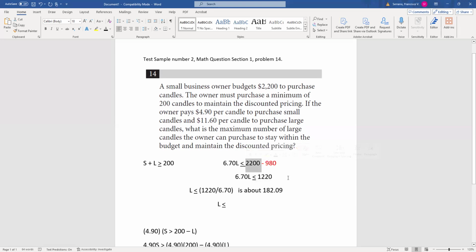So the largest whole number, and we can now say finally that L is equal to 182, of course, large candles. That's the maximum number of large candles, because if you go to 183, you go over budget.